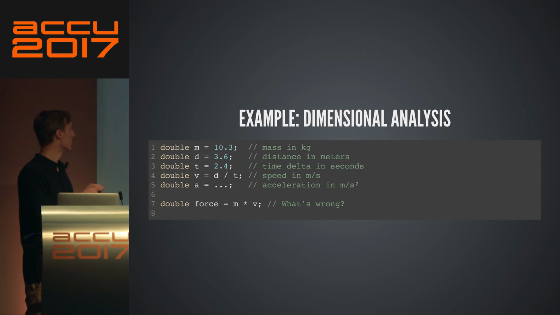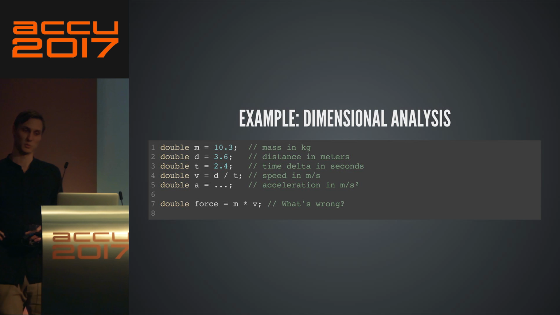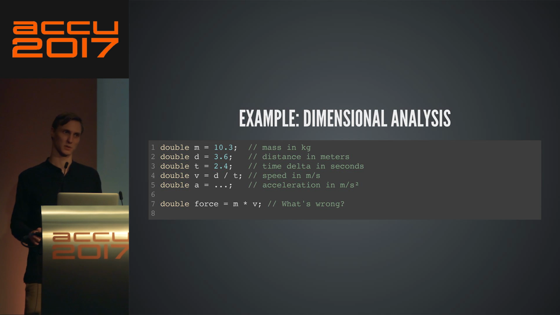So here in this example, I'm having a problem because I'm trying to compute a force from a mass and a speed. It should be mass and acceleration. If I just use doubles for all of these things, the compiler is not going to tell me, and I'm going to get a bad runtime result.